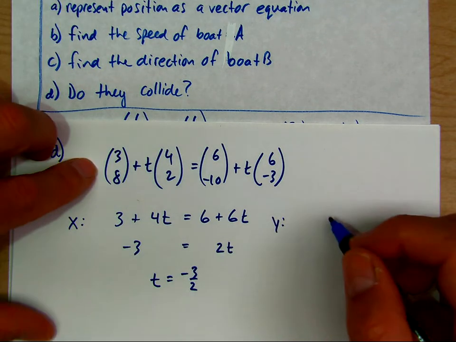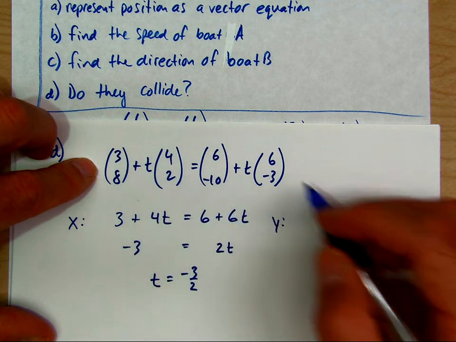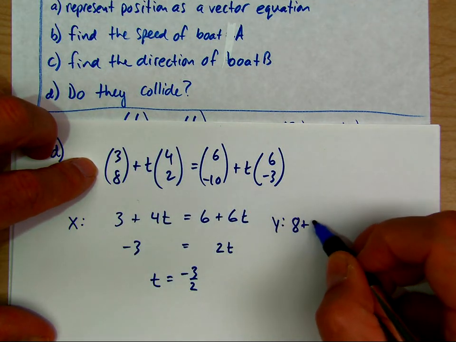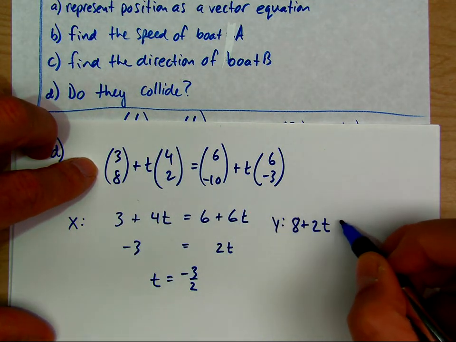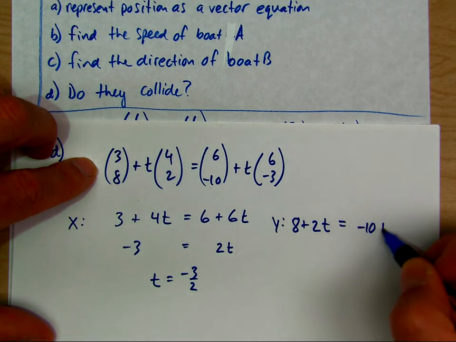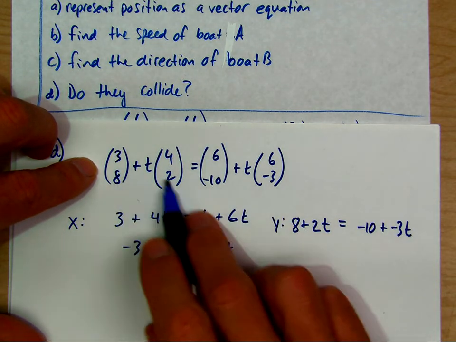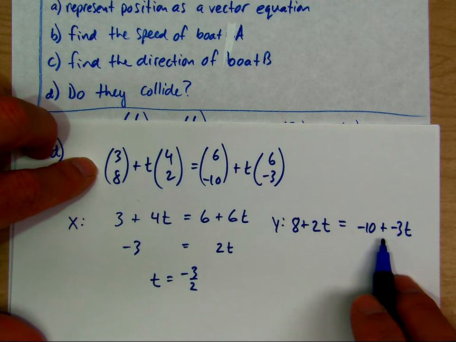But with the procedure, we could just say, let's look at the time for the vertical positions to be the same. So we have negative 10 minus 3, 8 plus 2t. And we solve that equation.